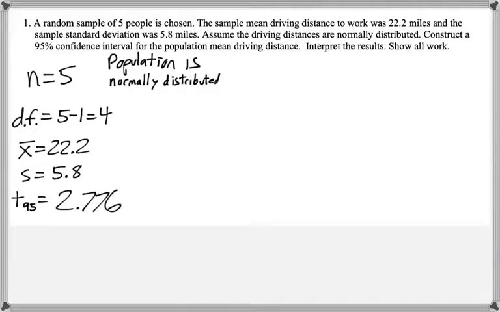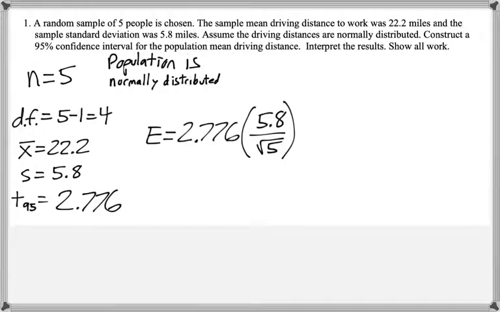The margin of error is equal to 2.776 times 5.8 divided by the square root of 5, which is equal to 7.20. So now we can construct the confidence interval.